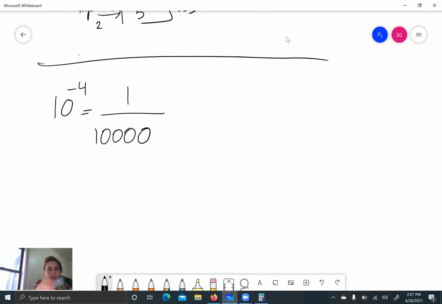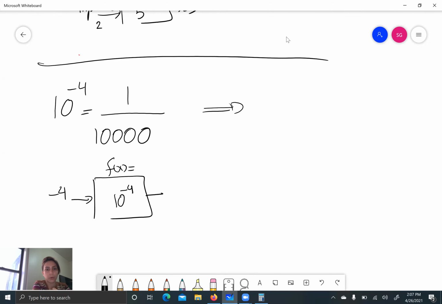So look here, what it does is that the exponential function takes the negative 4, calculates 10 to the power of negative 4, and it returns 1 over 10,000. Okay, so this is the input value, and this is the output value.